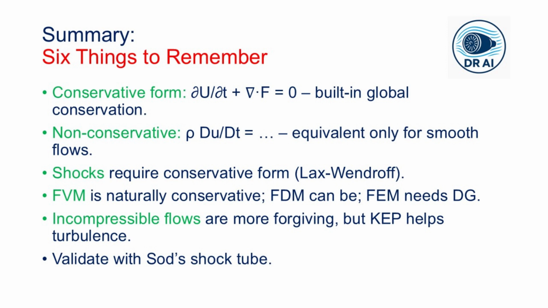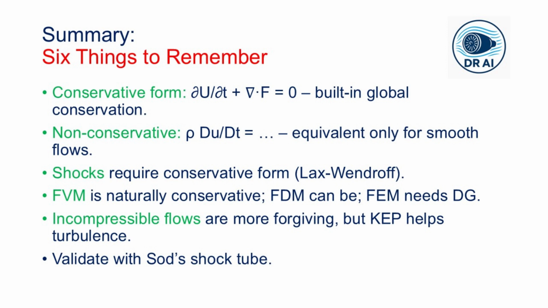The fourth is that for incompressible smooth flows, the non-conservative form is often acceptable, but the conservative or skew-symmetric forms are safer for longer or turbulent simulations. Fifth, or the second last one, is that the choice of numerical method matters most. Finite volume is naturally conservative.